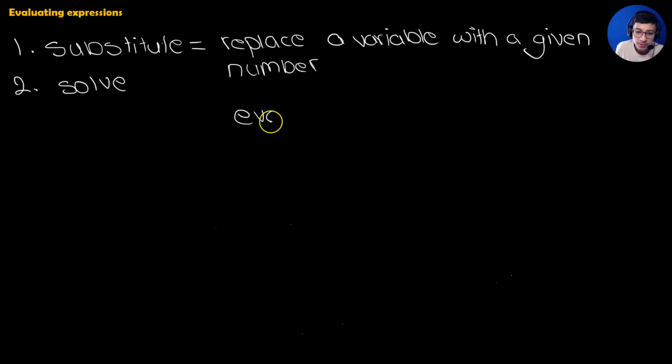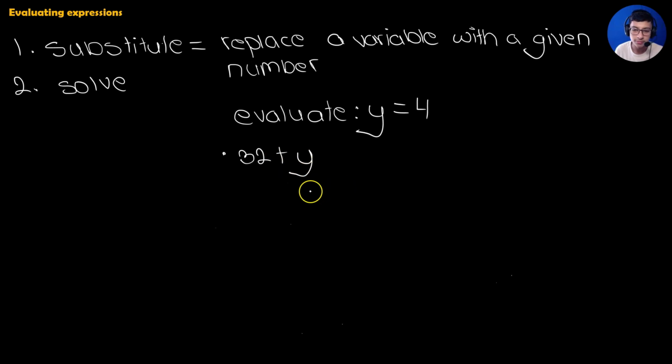Evaluate if y equals 4. The first one is 32 plus y. First we substitute, right? So replace the variable, which is y, with a given number, and it says here y equals 4.